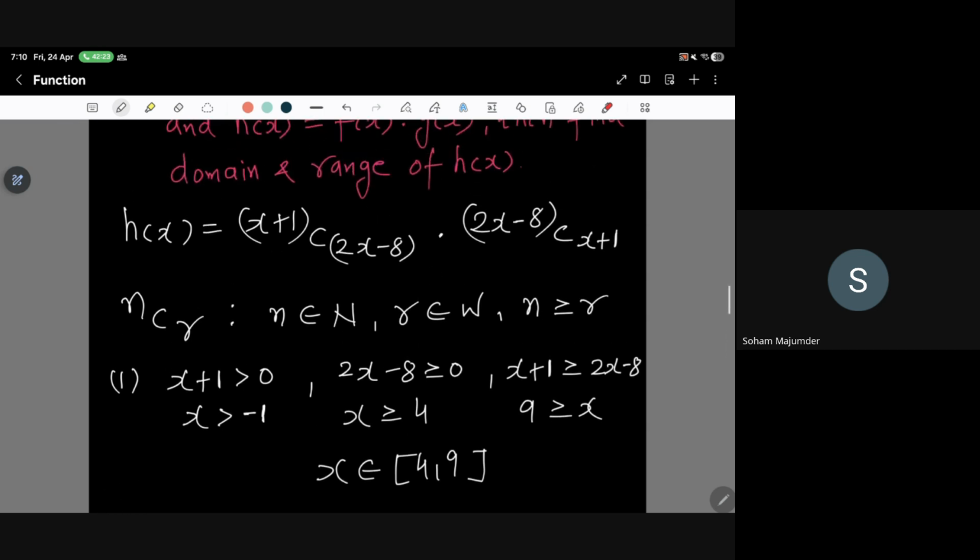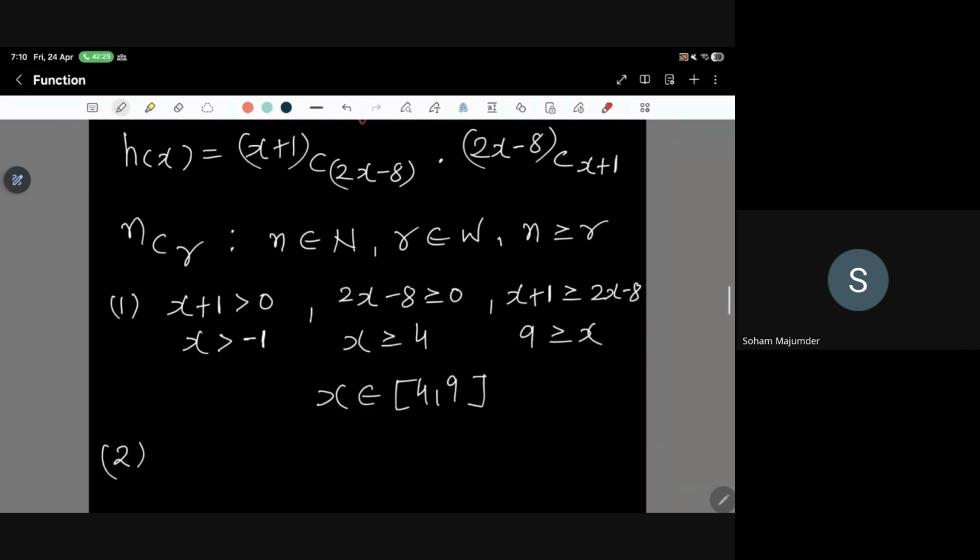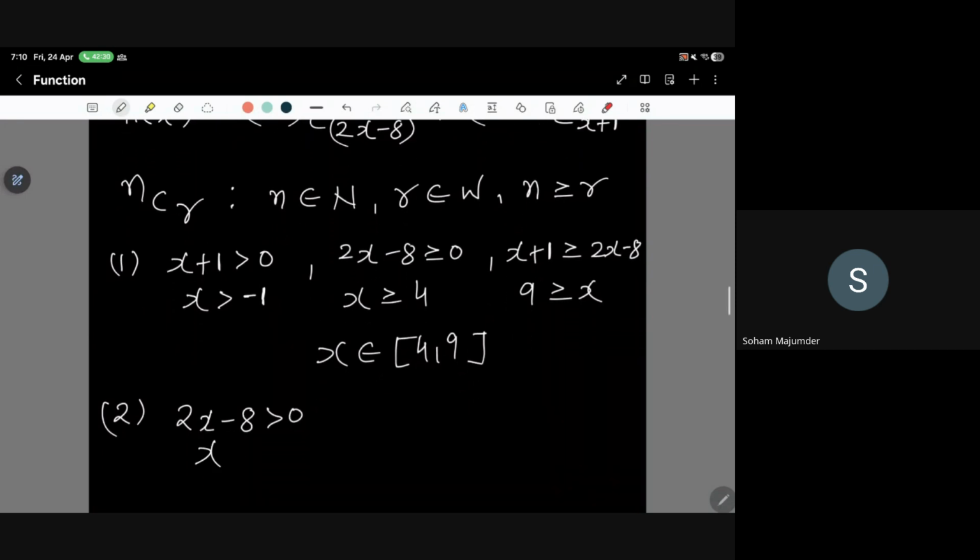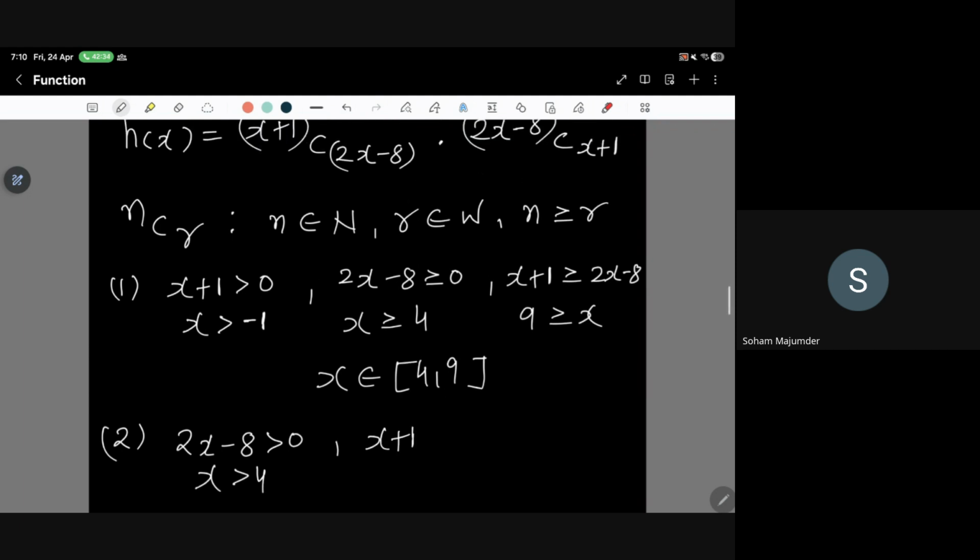Second part: 2x−8 is positive now, so it means x is greater than 4. x+1 is greater than or equal to 0, so x is greater than or equal to −1. 2x−8 is greater than or equal to x+1, so here x is greater than or equal to 9.